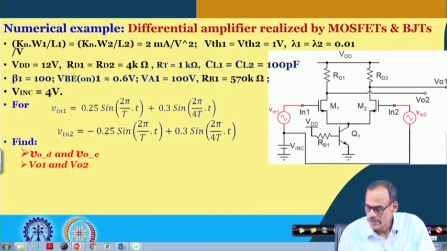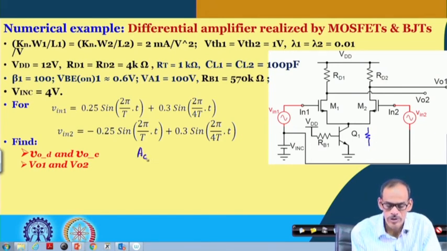So, to calculate the common mode gain, we know that in the expression of common mode gain we have gm RD in the numerator, and in the denominator we have 1 plus 2 gm RT.